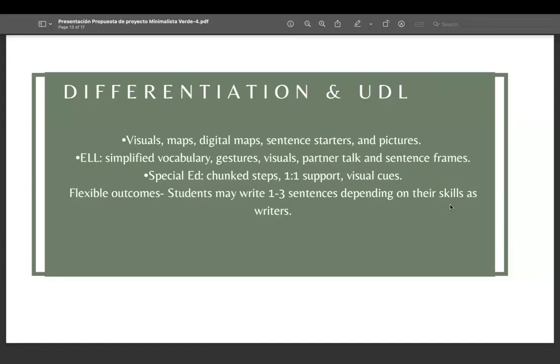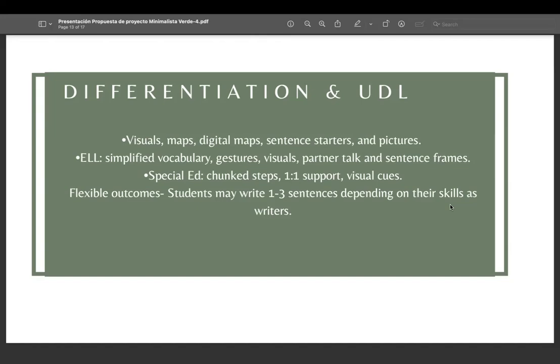So the differentiation and UDL has visuals, maps, digital maps, sentence starters, and pictures, which help. For EOL students, it's simplified vocabulary, gestures, visuals, partner talks, and sentence frames.